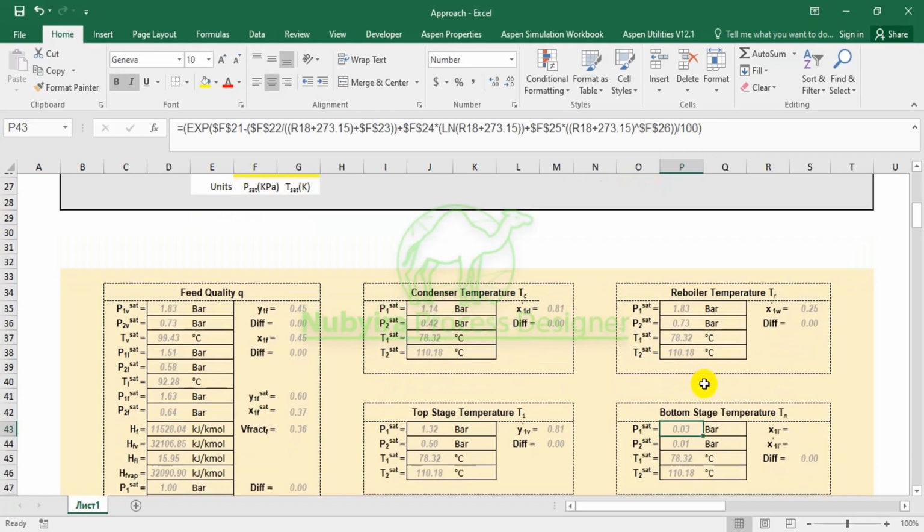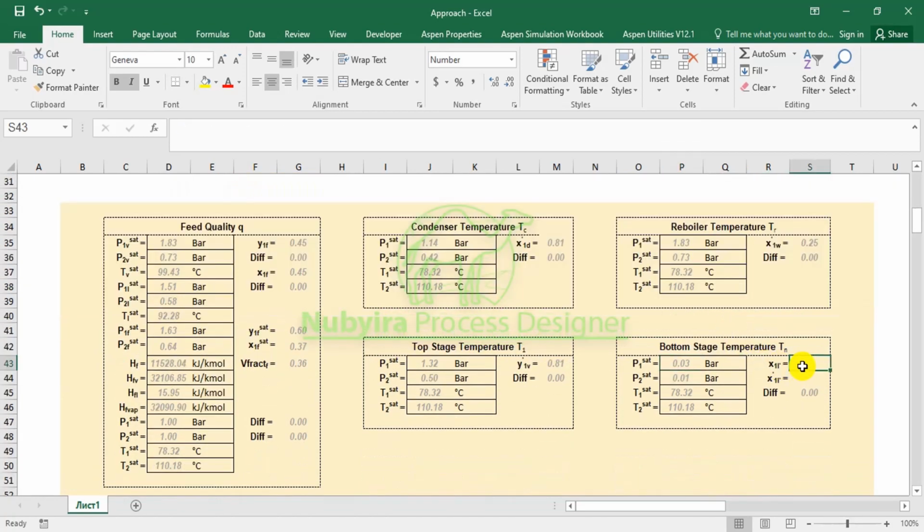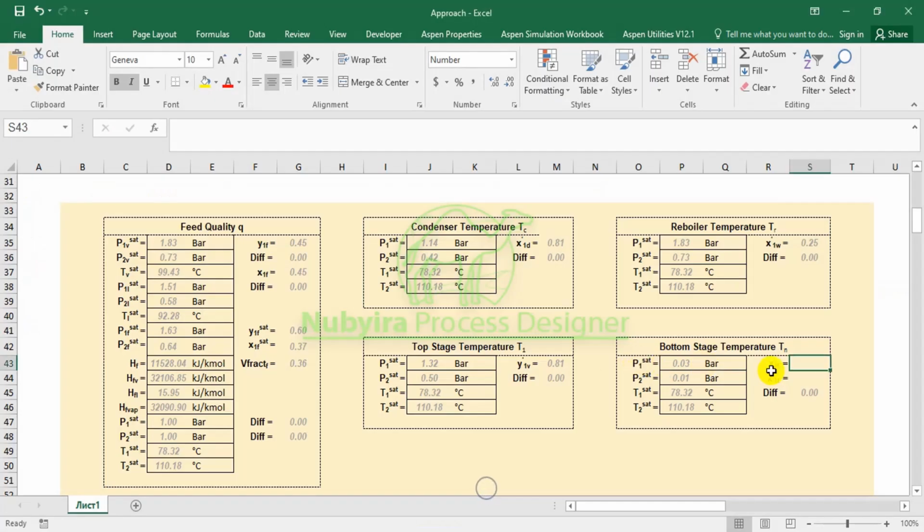So the next thing is to put the value for the x I. This will be my value from the calculation, from the equation. This is the formula for it. I just put the value over here.